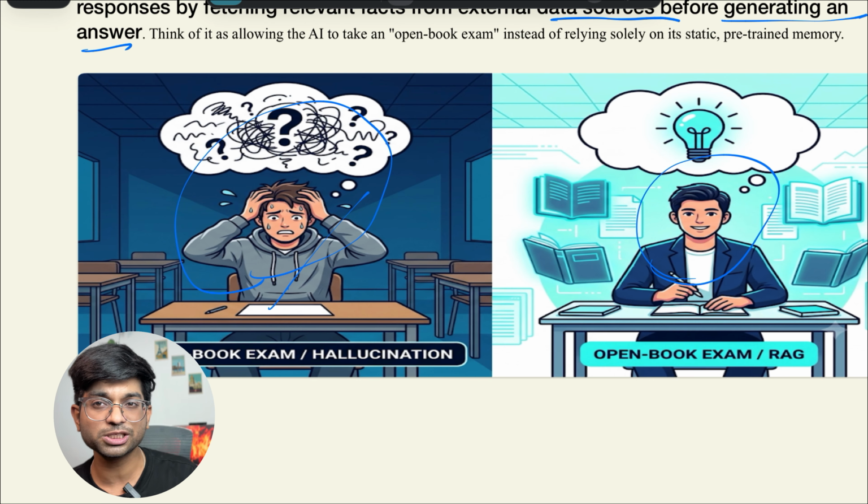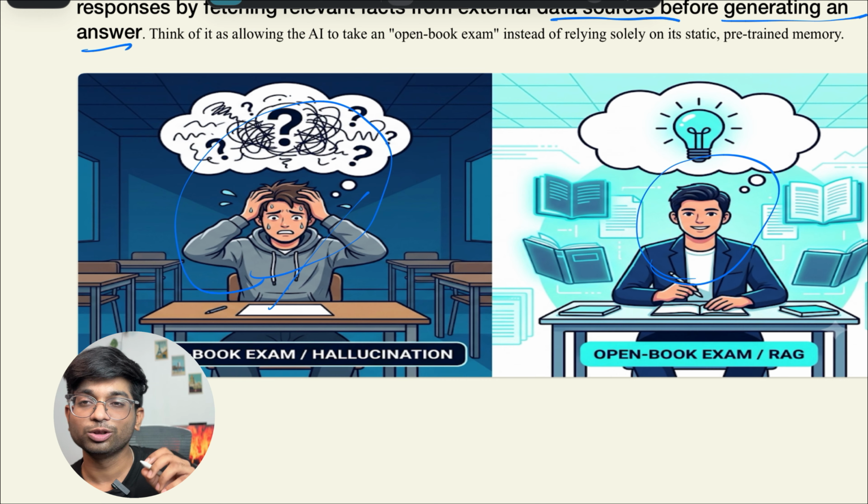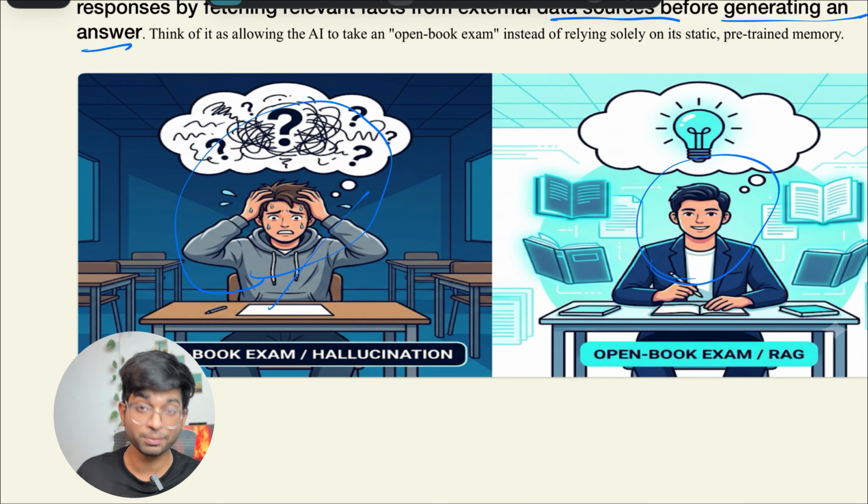In AI terms it is called hallucination. Let's take the example of ChatGPT. If ChatGPT does not know something, it will not tell you I don't know the answer to this question. It will create a story around it on the basis of the past data it has. So it is called hallucination in AI terms. But with RAG, what can you do? You have access to memory.